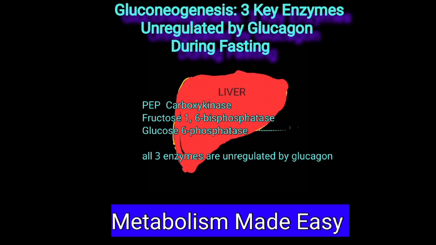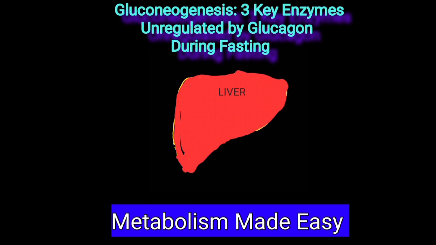All 3 enzymes are upregulated, or the expression of all these 3 enzymes is increased by glucagon. So gluconeogenesis becomes more active when glucagon is elevated in the plasma.